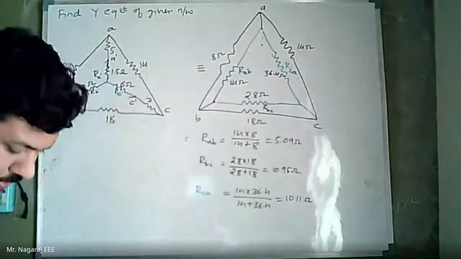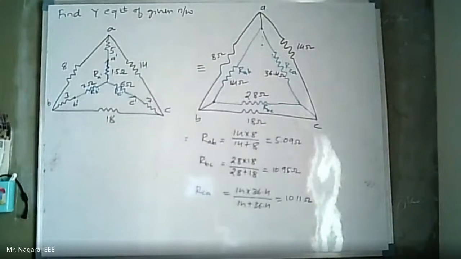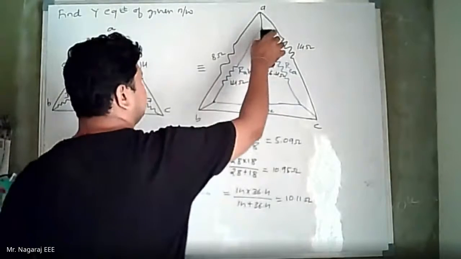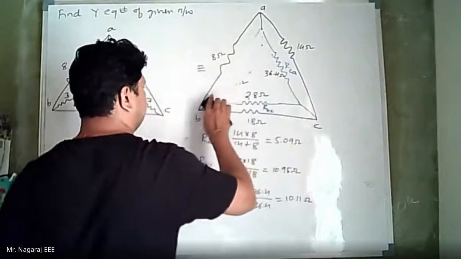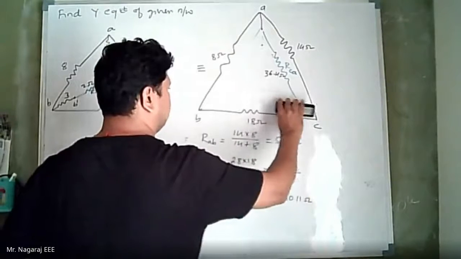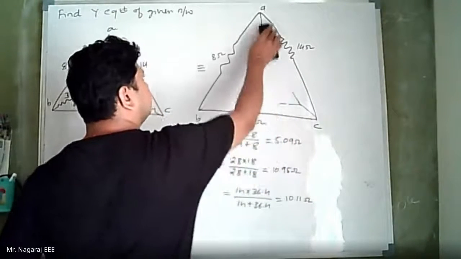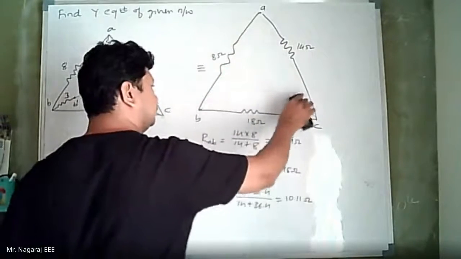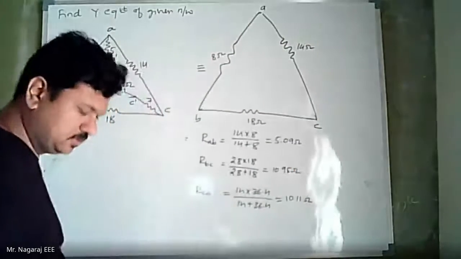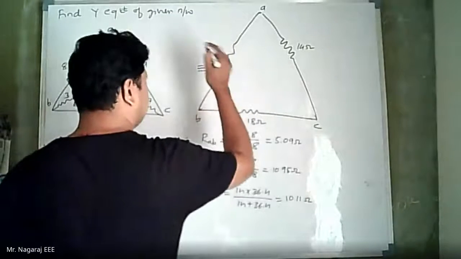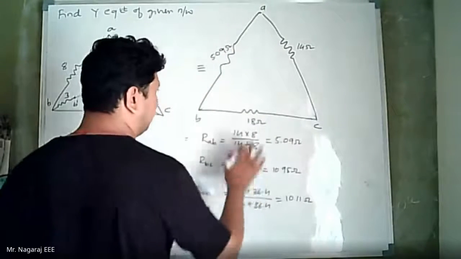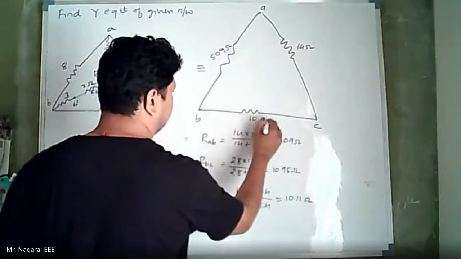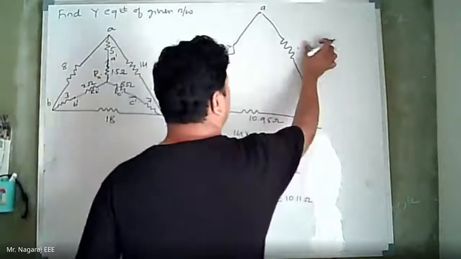This is the grand delta connection after the parallel combination. I will redraw it here only. So this RAB is 5.09, RBC 10.95, RCA 10.11.